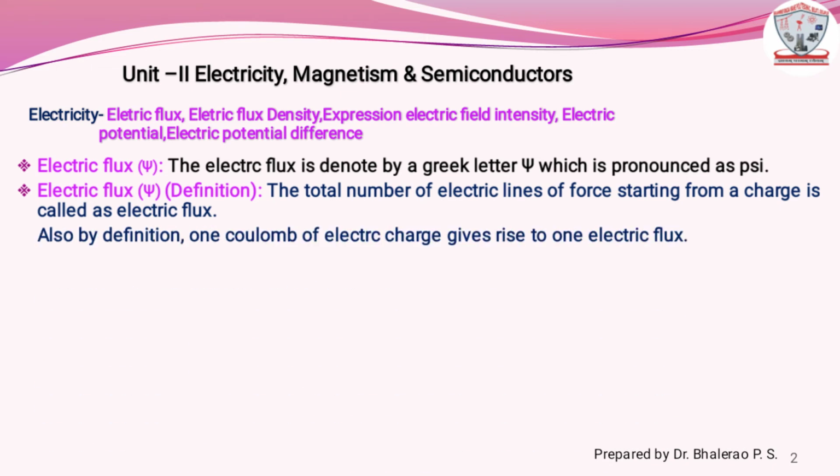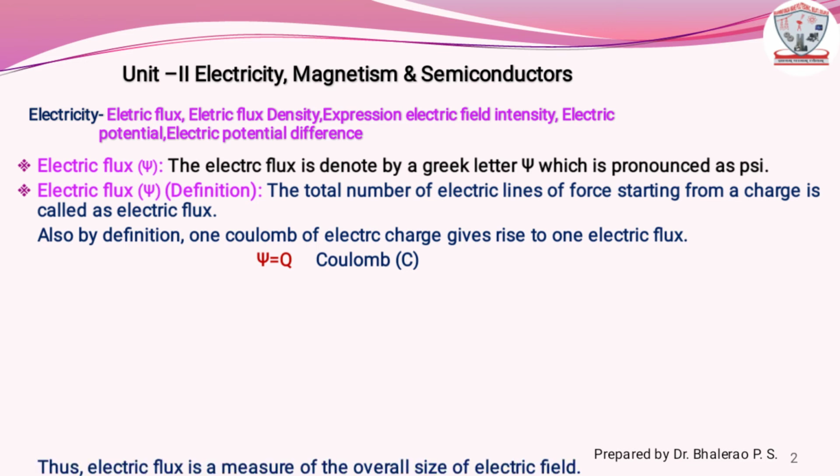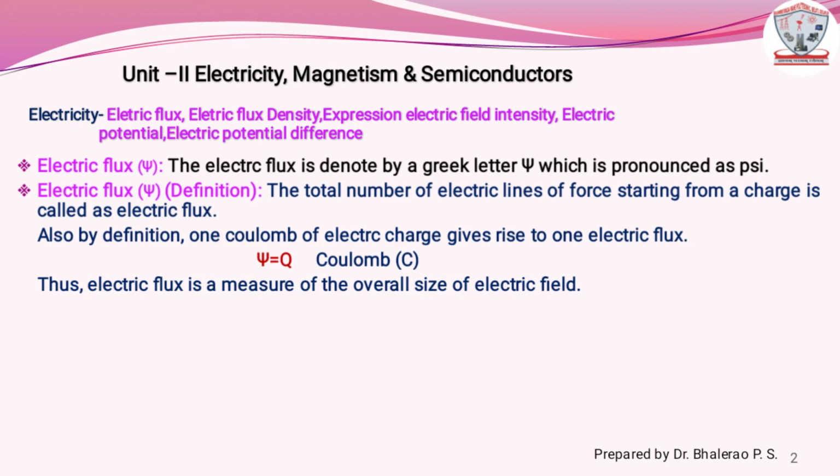Also, by definition, 1 coulomb of electric charge gives rise to 1 electric flux. Therefore, psi is equal to Q, and Q is measured in coulomb. Thus, the electric flux is a measure of the overall size of the electric field.